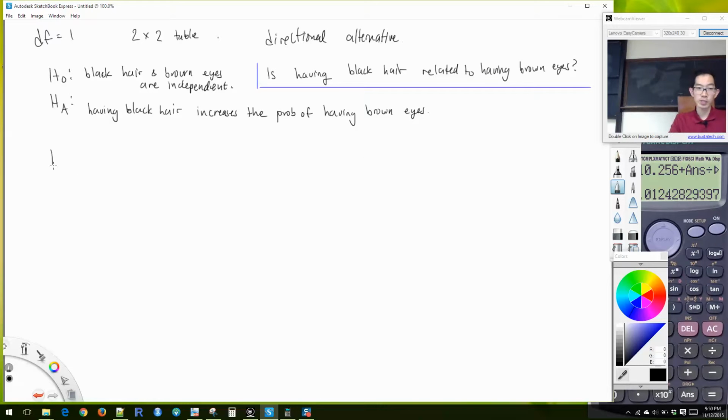And symbolically, we could write it this way. The null is the probability of brown eyes given black hair equals the probability of brown eyes given not black hair.